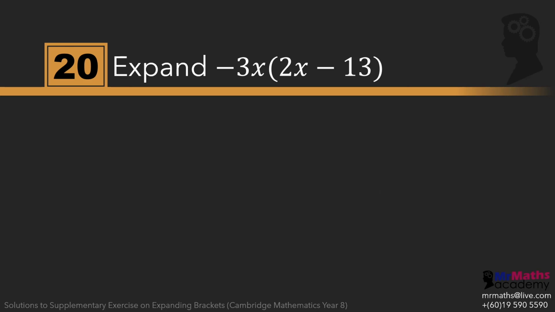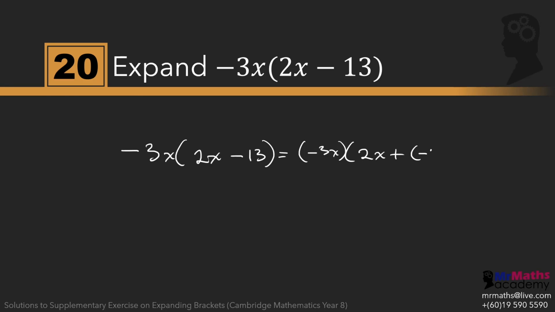Question number 20. The term outside of it is minus now, minus 3x, 2x minus 13. So I'm going to enclose the negative expression. So that is minus 3x, 2x plus minus 13. So that is minus 3x multiplied by 2x plus minus 3x times minus 13.